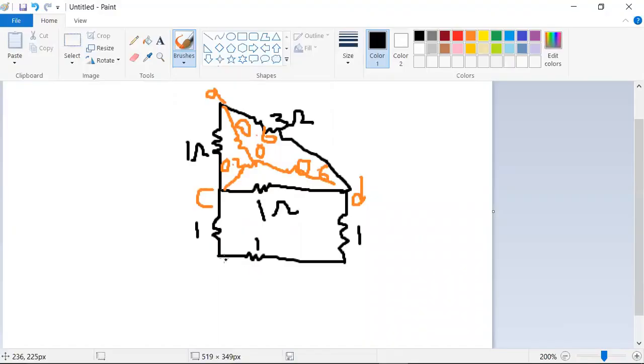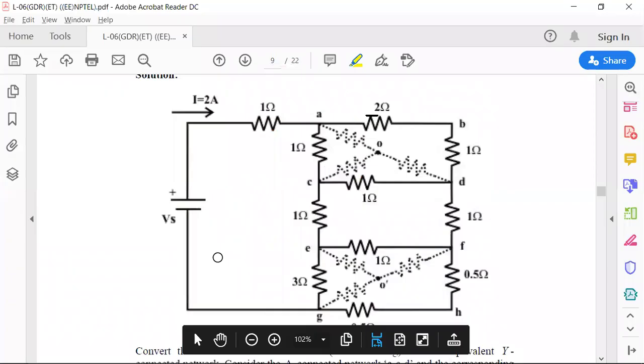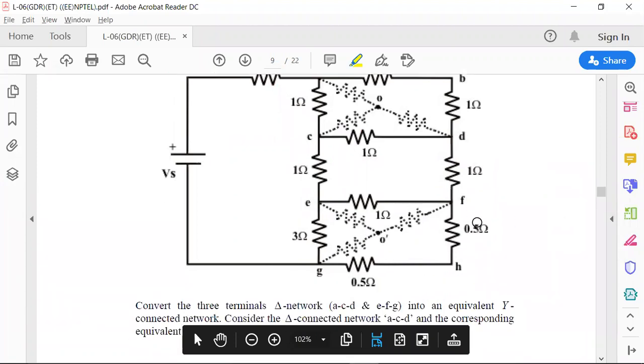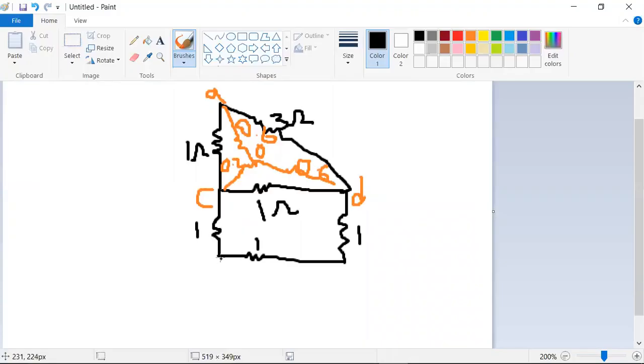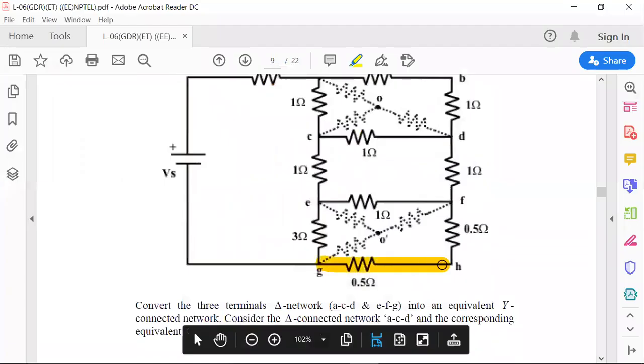So now what about this? This is 3 ohms. What about this value? 3.5, 0.5. This is series, right? 0.5 and 0.5.